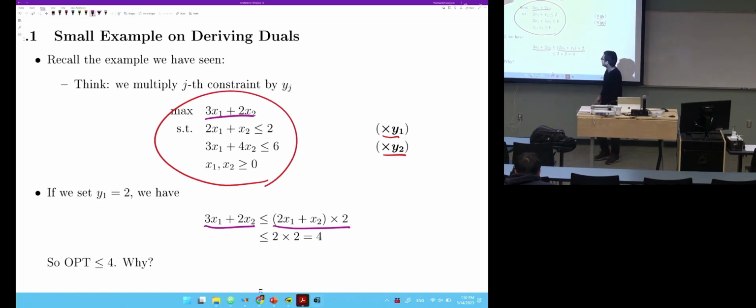And this thing is at most 2, so the whole thing is at most 2 times 2, which is 4. So it looks like the objective is now bounded by 4.